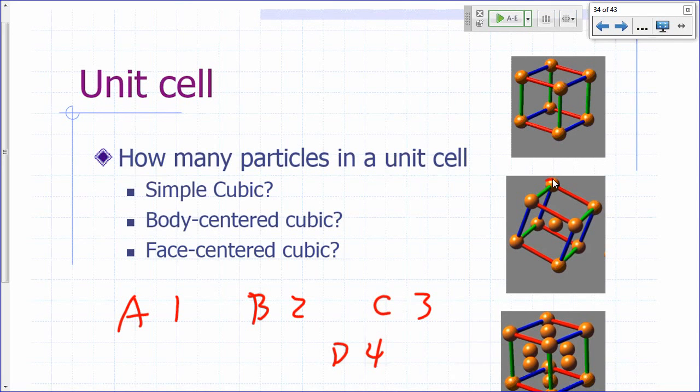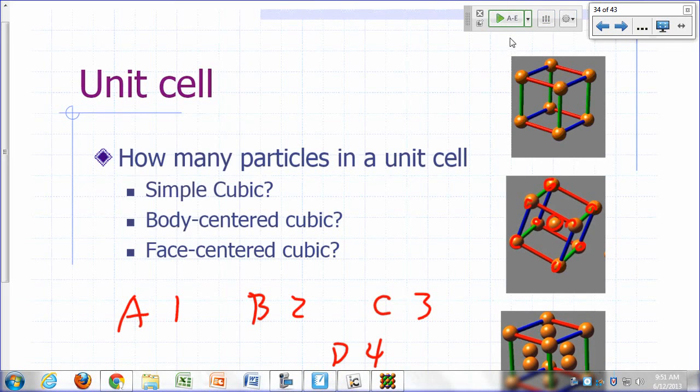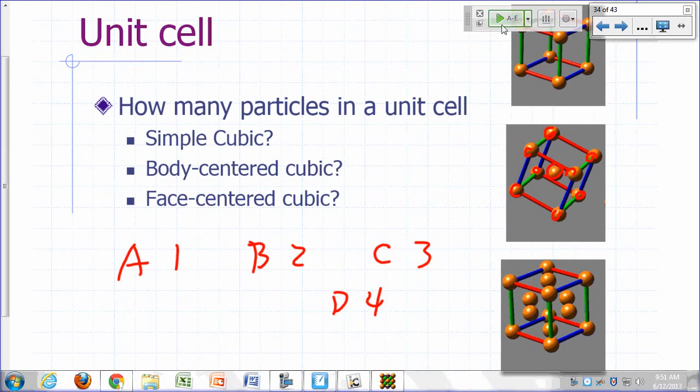Okay. This is a body-centered cubic. So you have 1, 2, 3, 4, 5, 6, 7, 8. 1/8 of those is 1, plus the 1 in the middle. That's 2. So the answer is 2. Very good. And for the face-centered cubic down here, how many particles are in a unit cell?